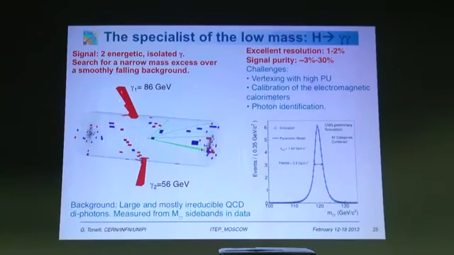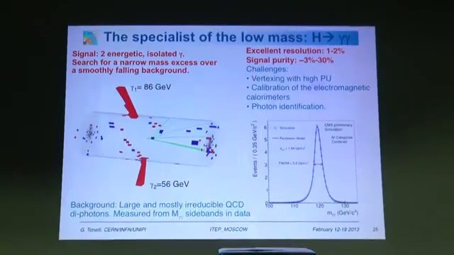X to gamma gamma are very simple events, basically two isolated, high PT photons. It's important to have the best possible resolution of the calorimetry, because we're looking for a tiny signal over a smoothly falling background. The resolution you have is typically 1 to 2%. The signal purity depends on the categories you have, but typically is from 3 to 30%. So clearly you see that now we are moving toward higher and higher signal purity, and mostly higher and higher resolution.